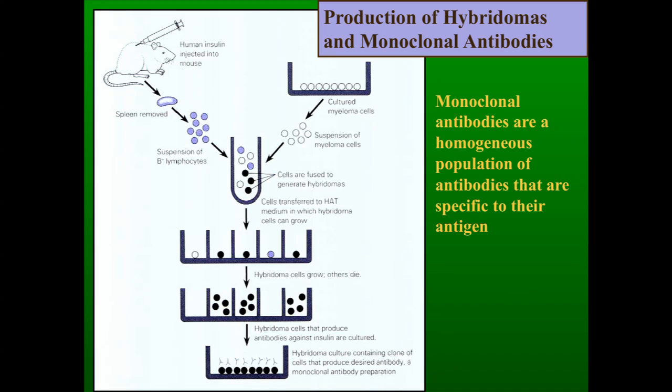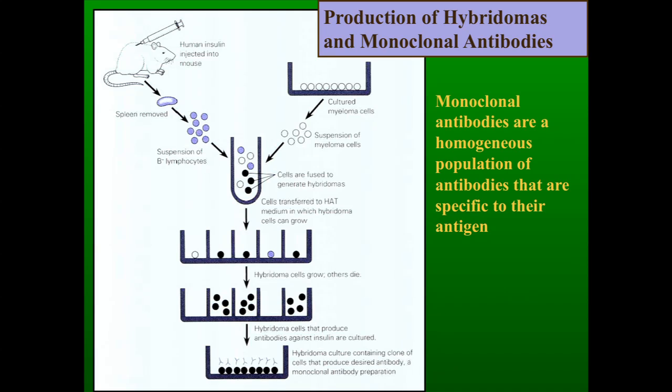One way that this is used, if I go back to my mouse example and the insulin, is if I inject human insulin into this mouse and about 10 days later take out its spleen, I can isolate these B lymphocytes from the spleen and fuse these to these cultured myeloma cells.